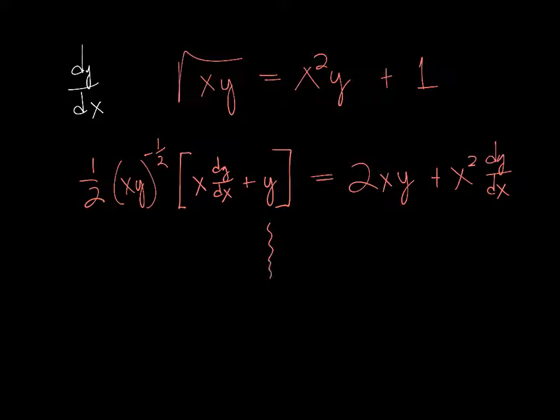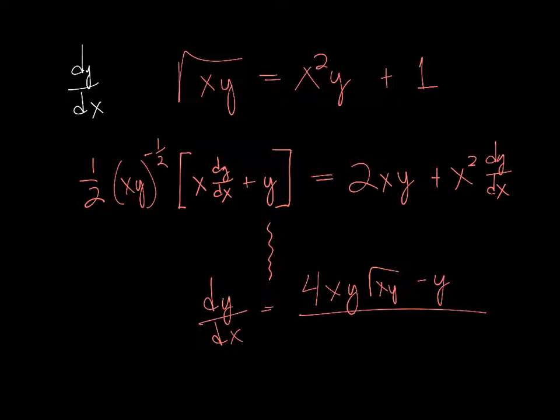I'm not going to bother with all of that because it's algebra, okay? But in the end, this one, dy/dx, is going to be 4xy times the square root of xy minus y all over x minus 2x squared square root of xy.